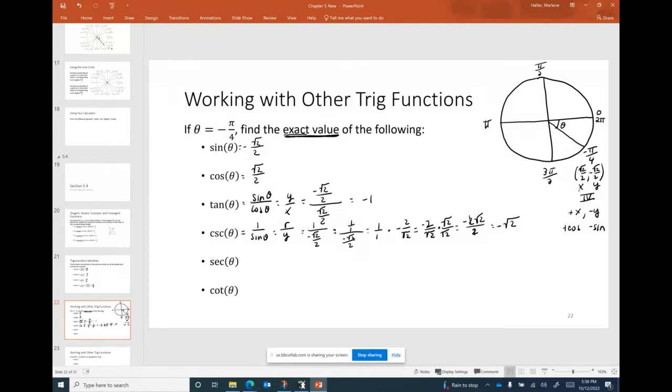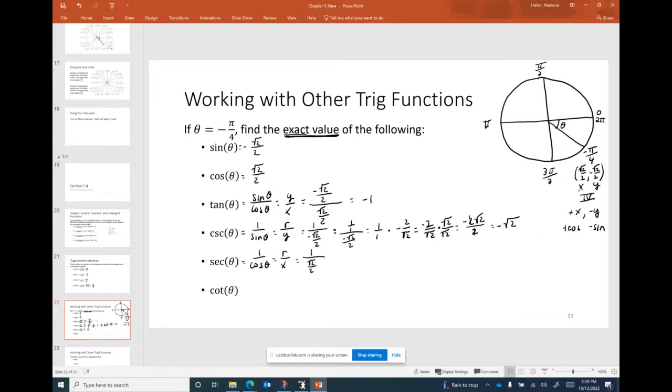Secant is defined as 1 over the cosine of theta, or its ratio definition is the radius over x. Our radius is 1, so it's going to be 1 over x, which is square root 2 over 2. You can see it from the cosine, from the x coordinate there.